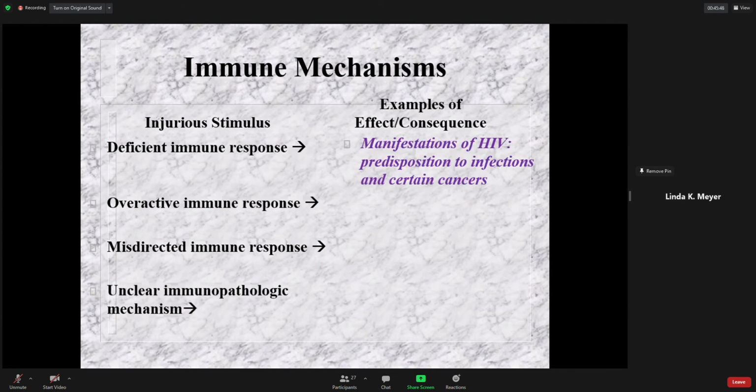Not all cancers, but certain ones. When the stimulus is an overactive immune response, the best example I can give you is allergies. When our immune response goes overboard in response to substances that are harmless, so latex, pollen, ragweed.